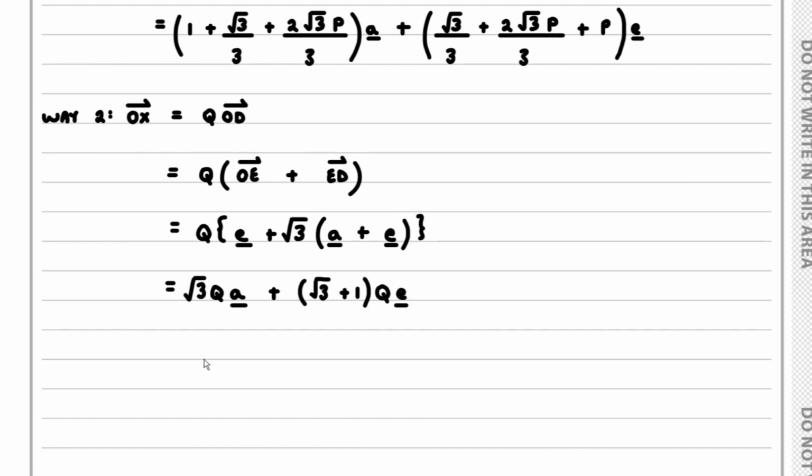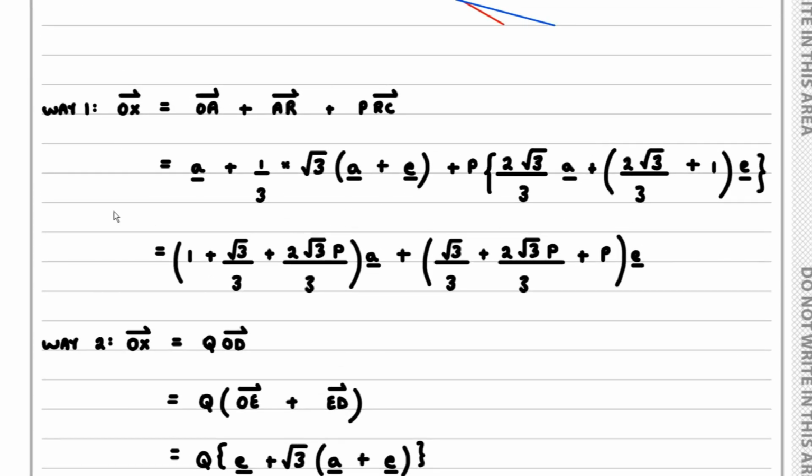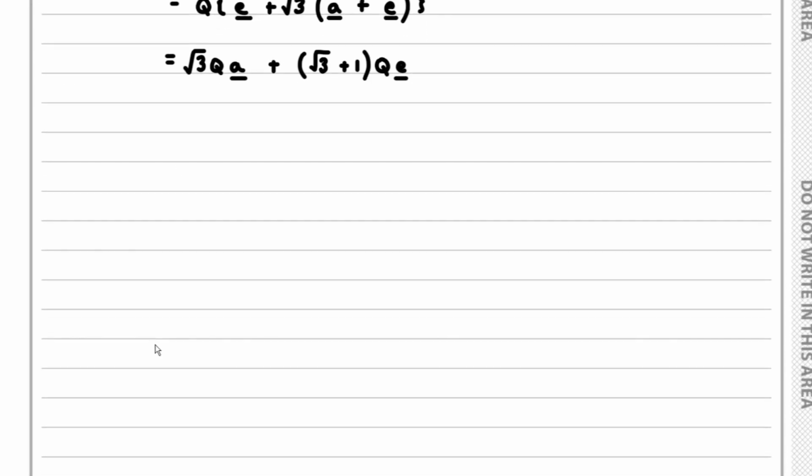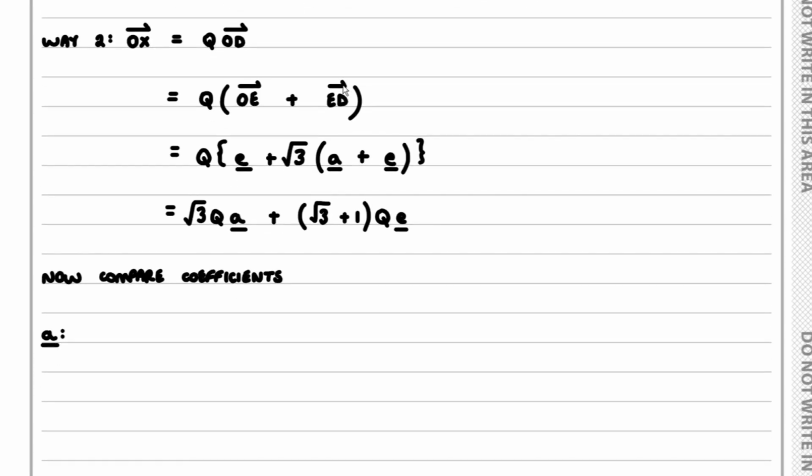What we now need to do to find out what P and Q are is compare the coefficients of A and E. And that's because these two vectors are the same. So if I compare coefficients by comparing the A first, I've got what I found in way 1, which was 1 plus √3/3 plus 2√3p/3, and this will equal √3q.